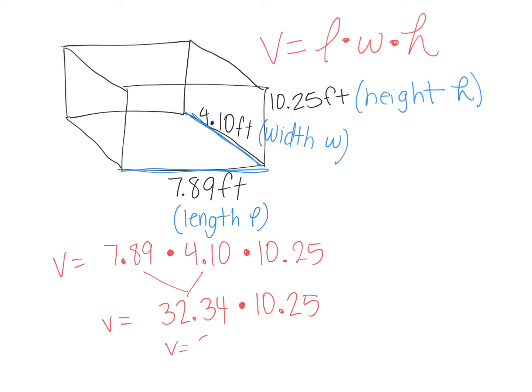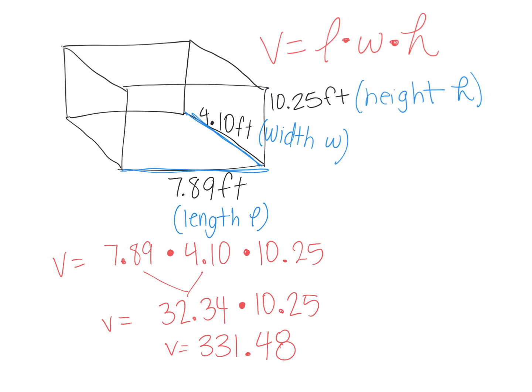The volume is 331.48. Now thinking back to when we did area and surface area in 15.1 and back in Module 13 when we were doing some area, we always squared our answer. We put a little exponent 2, or we said like inches squared, something like that. Well, for volume, we always cube it.